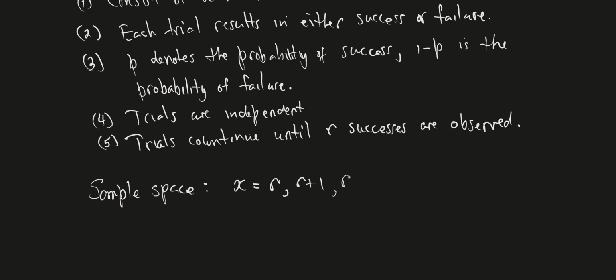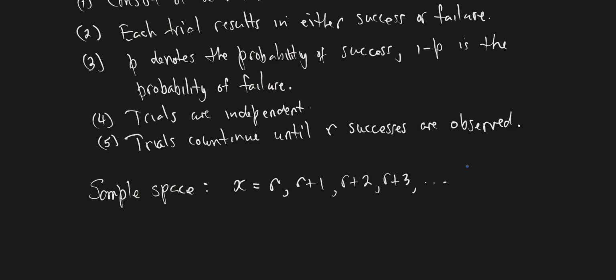Or maybe r plus 2, or r plus 3, or more. We don't know. And this is the sample space of a negative binomial random variable. It is now going to be countably infinite, which again is a contrast with the binomial experiment, where that sample space was fixed because we knew how many trials we were going to perform, and that put a limit on the number of successes we could have.